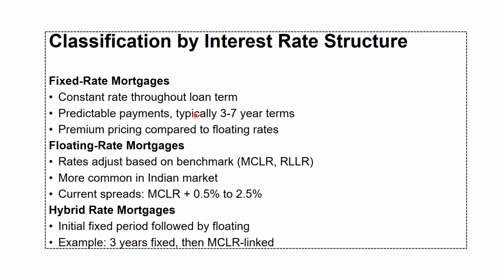So an Axis Bank loan might be MCLR plus 1%, around 10%. And hybrid mortgages start fixed for 3 years, then float, balancing stability. Some of this we have already understood in the previous session, in terms of how we can apply it in residential real estate.